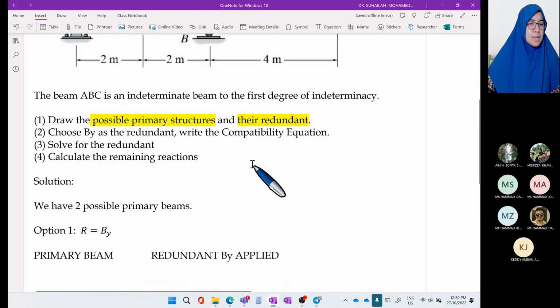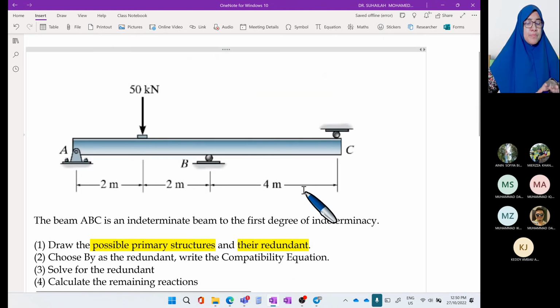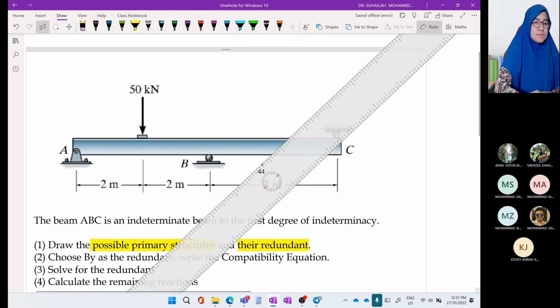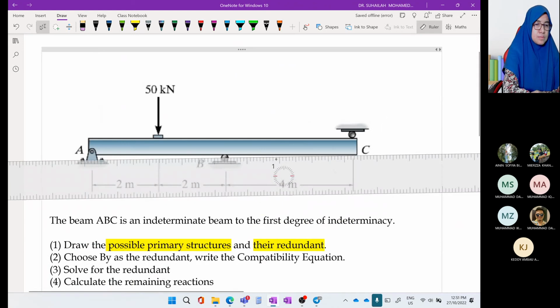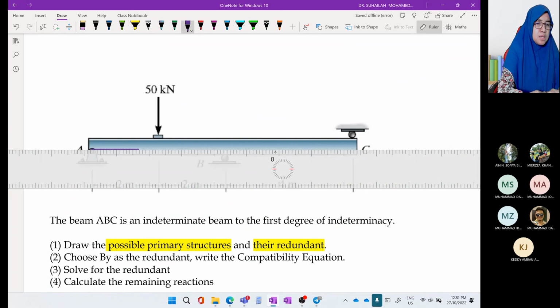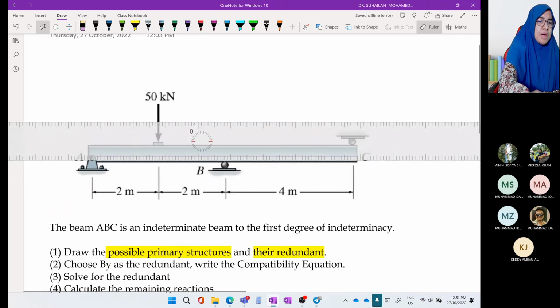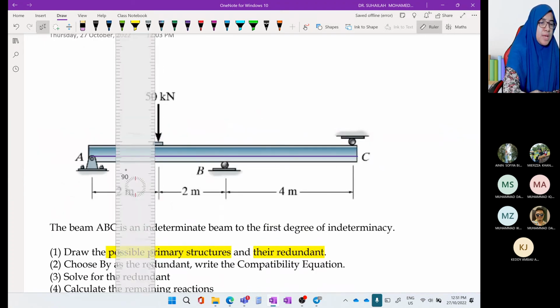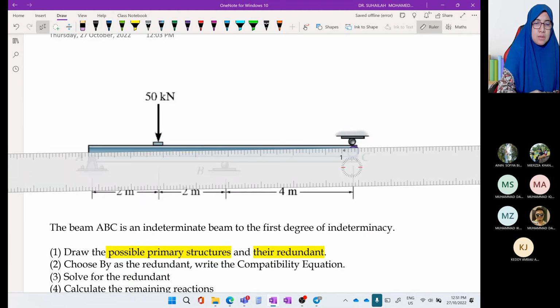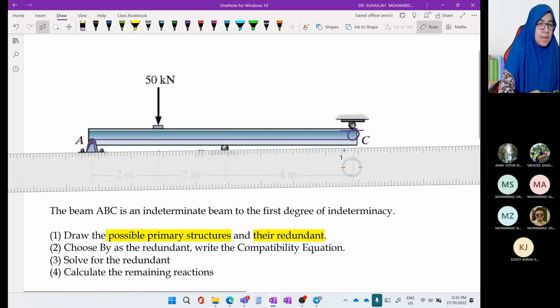So when we remove BY, what we get is like this. We remove BY, which means we remove the roller. So we still get a pin here, we still get a roller here, roller and pin.